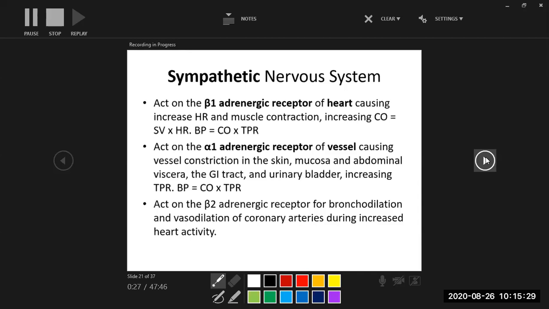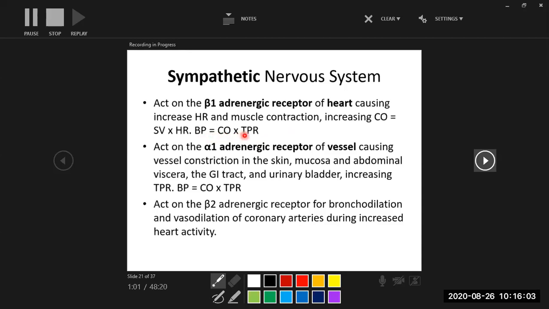There are three major receptors: two major ones, and the third one is important but not as critical as the previous two. It will act on the beta-1 receptor in the heart to cause an increase of the heart rate and increase the contractility. So it will make the HR higher and the stroke volume larger. And in the end, we will have larger CO and cause a larger BP.